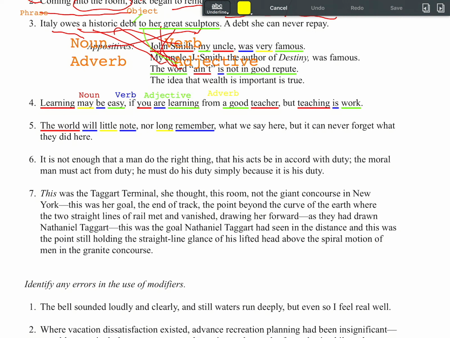So what is the object? And we say here is telling us about what the what is. What we say here is a noun phrase. It's like this whole thing is a noun. It's a thing. They will little note the thing, which is what we say here.